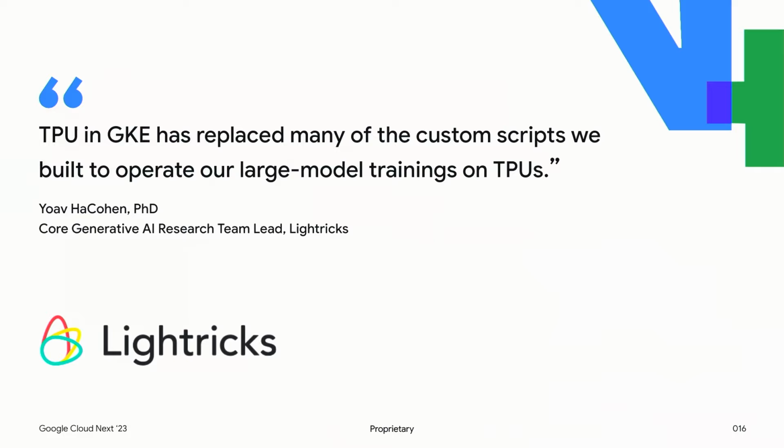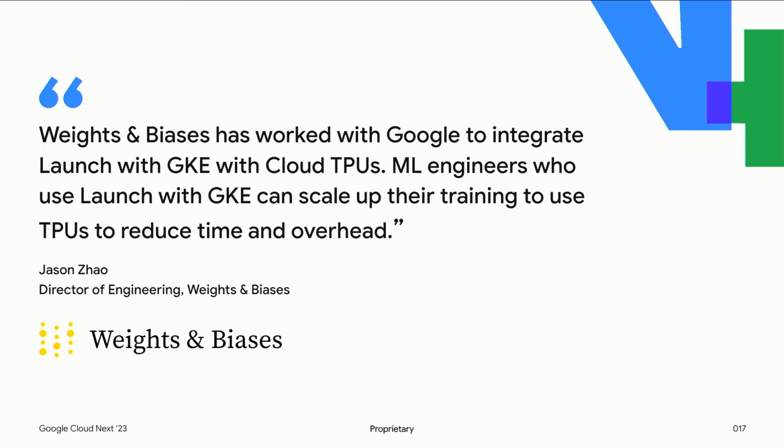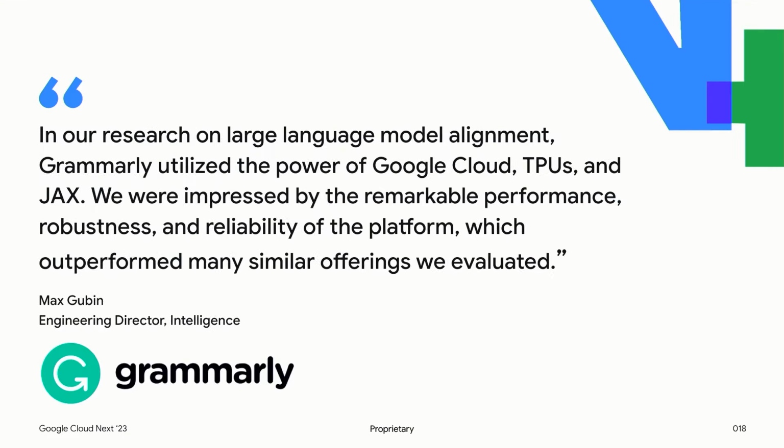Lightricks, an AI-first company that develops photo and video editing apps for creators, found that TPU support in GKE has replaced many of the custom scripts that they built to operate their large model trainings. Weights and Biases, which provides a developer-first MLOps platform, has worked with Google to add support for Cloud TPUs to their launch product, and their TPU support is built on GKE.